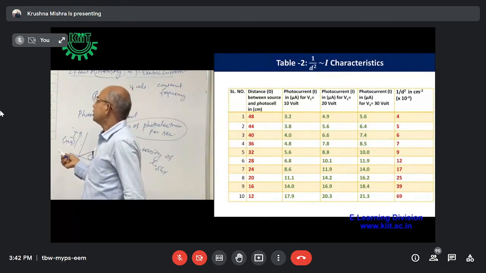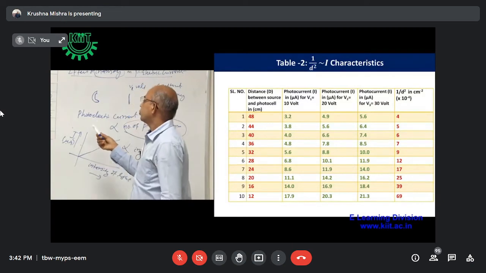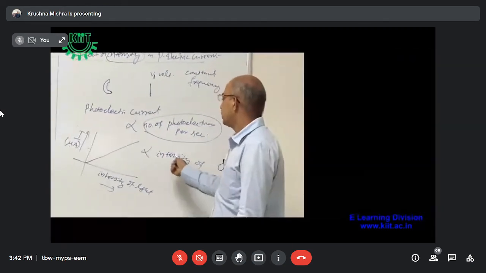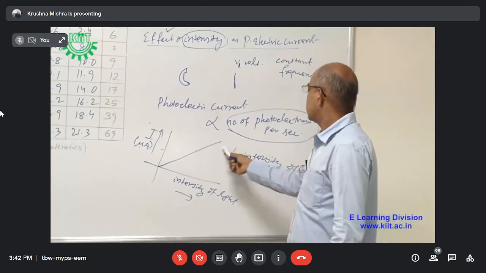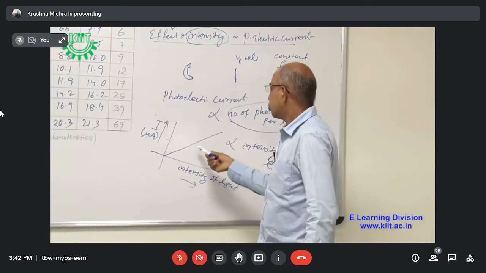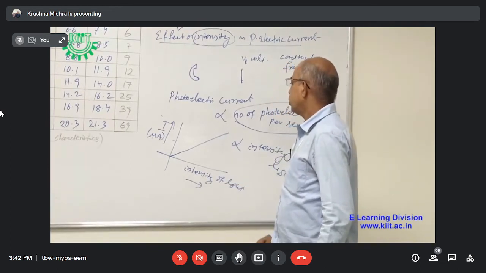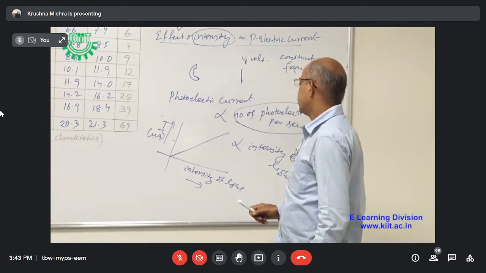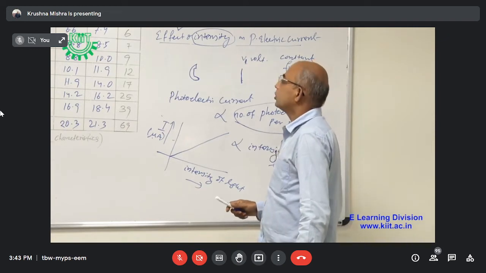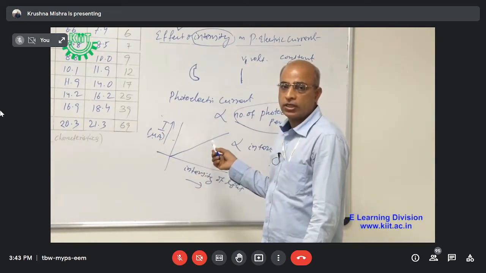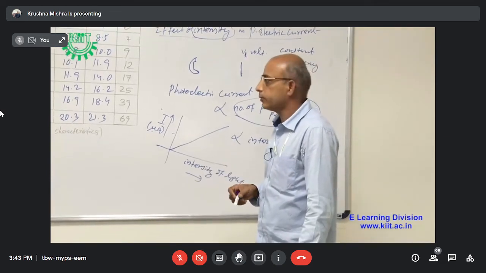So it is very much clear that photoelectric current is directly proportional to the intensity of light, and that is why we are getting a linear variation between photocurrent and intensity of light. This is one of the laws of the photoelectric effect which is satisfied.